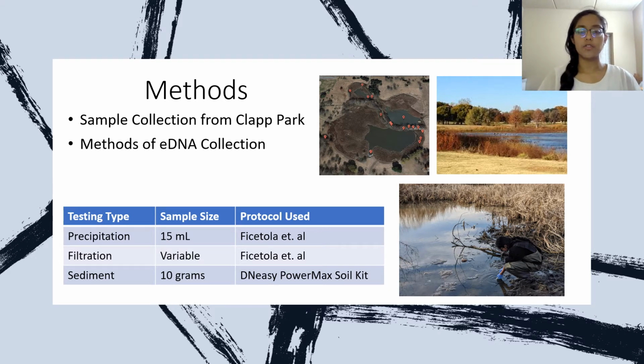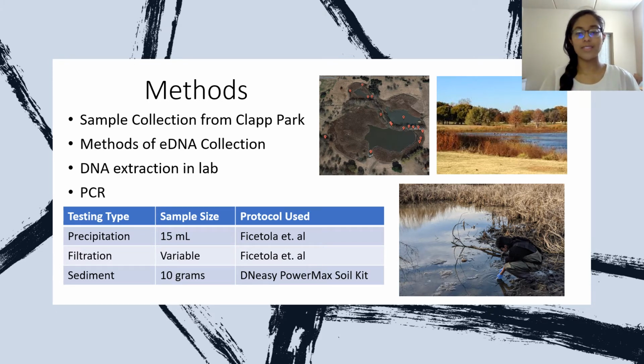However, in the filtration method, the sample size was really variable across the sites, depending on how murky the water was, or depending on how much water we were able to get through the filter before the pores started to clog up. And in the third method, we collected sediment or soil instead of water. 10 grams of the soil collected was used in DNA extraction, which was the next step.